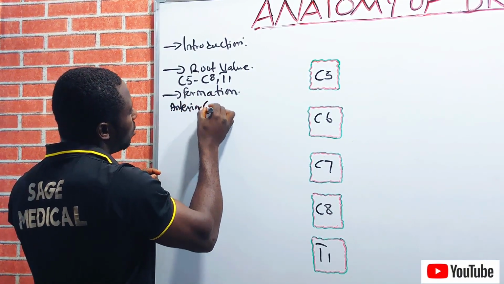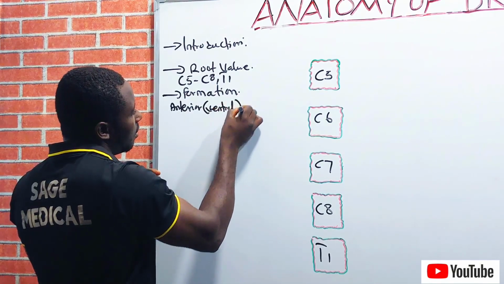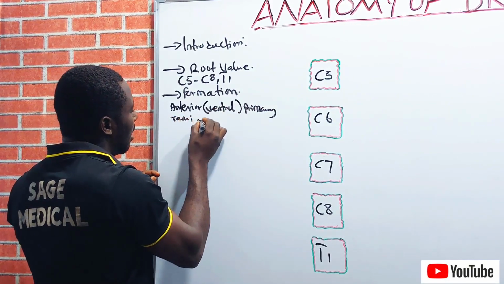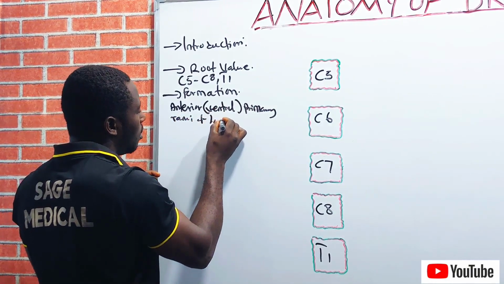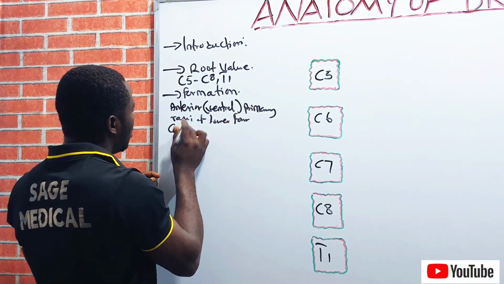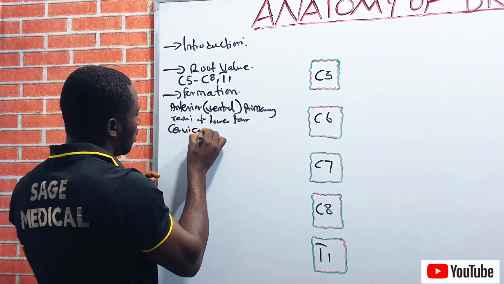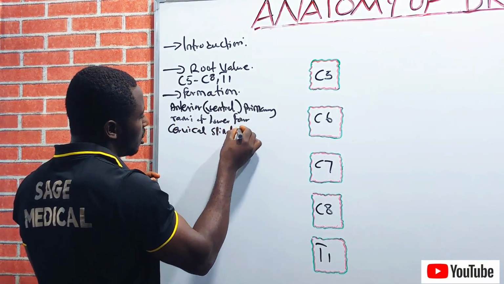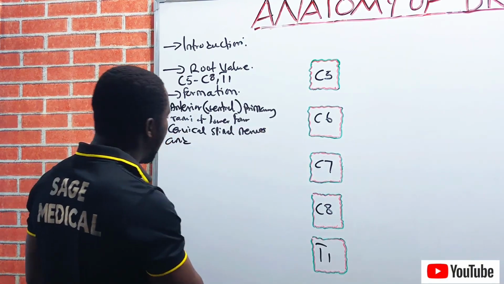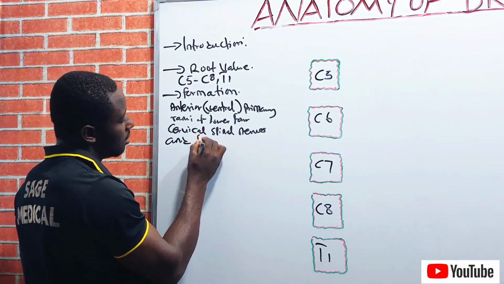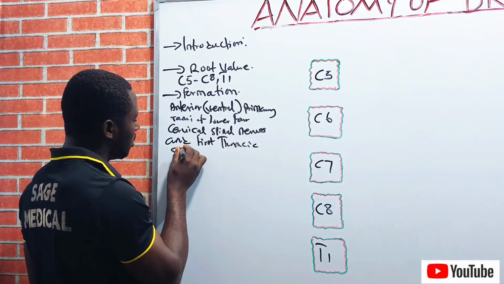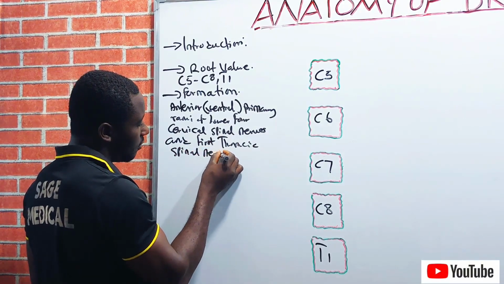So the formation is from the anterior, which is the same as ventral, primary rami of the lower 4 cervical spinal nerves and the first thoracic spinal nerve.